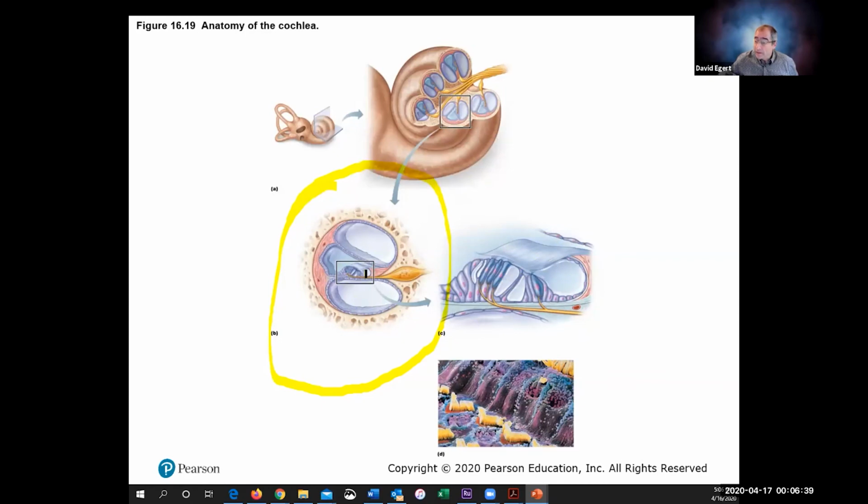There is this vestibular duct where the vibration enters, the tympanic duct where the vibration is returning back to the round window, and then the middle part, the cochlear duct that has the organ of Corti, that has the little hair cells. And the hair cells are the actual things that bend and convert the movement and vibration into an electrical signal.